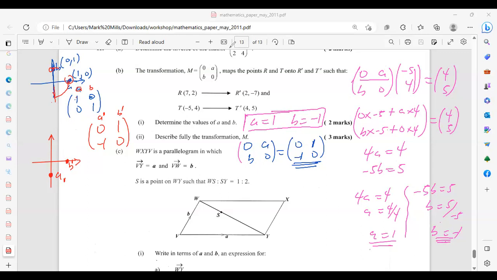So when CXC asks you to describe fully the transformation M, this is what we are going to write.